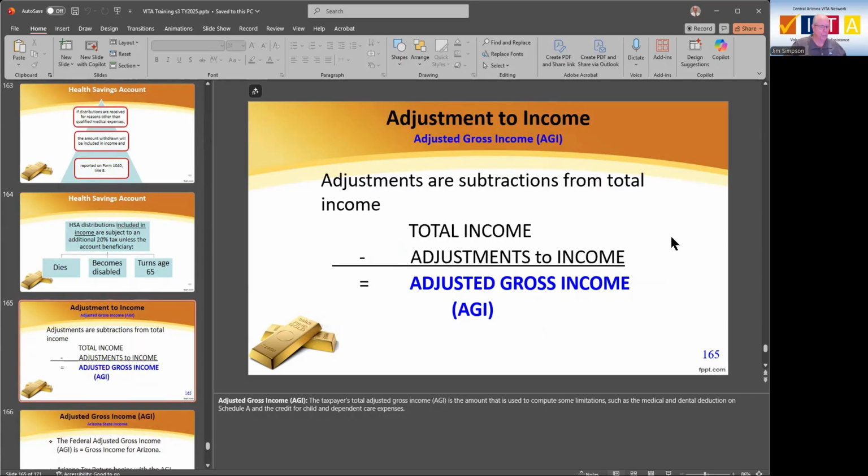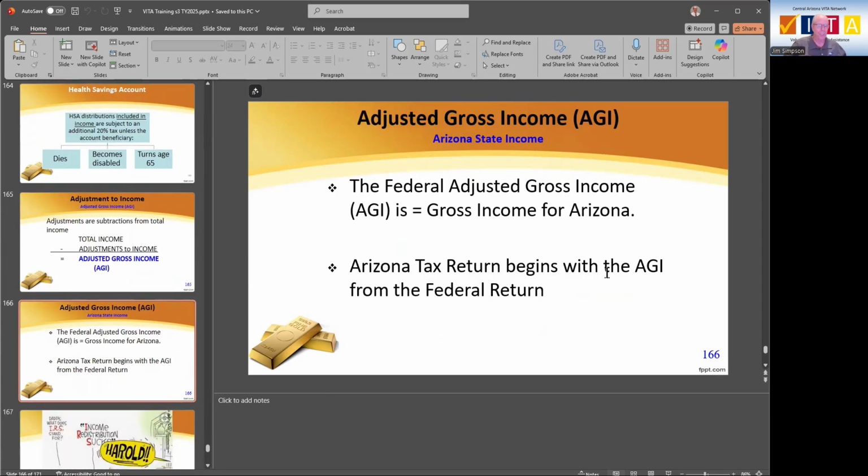Okay, so this is kind of a recap of adjustments. Adjustments are subtractions from total income. We take those off to arrive at adjusted gross income. Now, federal adjusted gross income is the starting point for Arizona income.